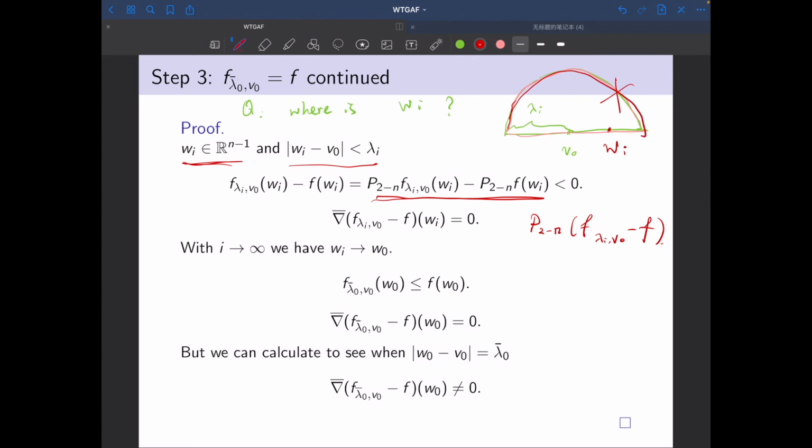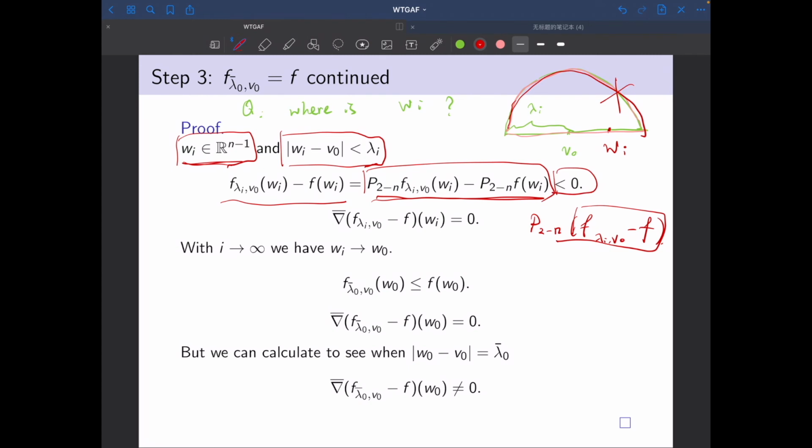As a result, we know that Wi has to be in Rn-1, and its distance to the center of the sphere has to be strictly less than the radius of the sphere. And because this function is the extension of these two functions, on the boundary we get that this is just the difference f lambda i v naught minus f, and this has to be strictly less than 0.